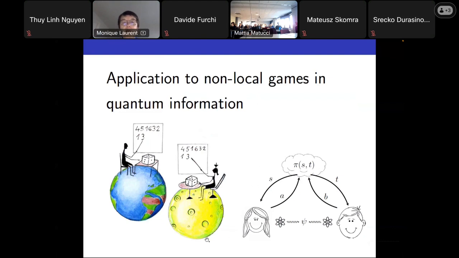So typically, this is a cartoon representing a non-local game. We have a big quantum system with two subsystems. This is Alice, the subsystem of Alice, and here is Bob.